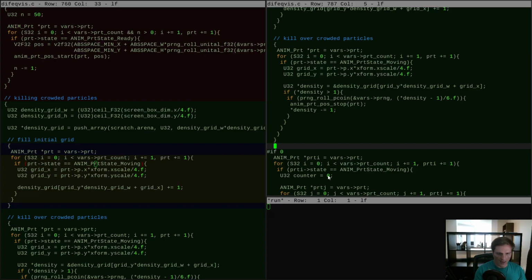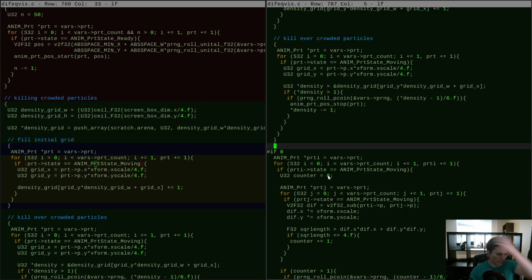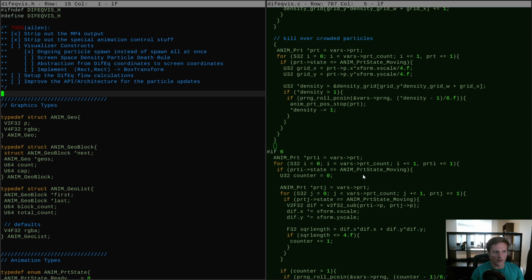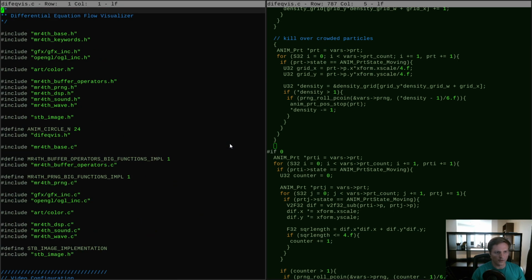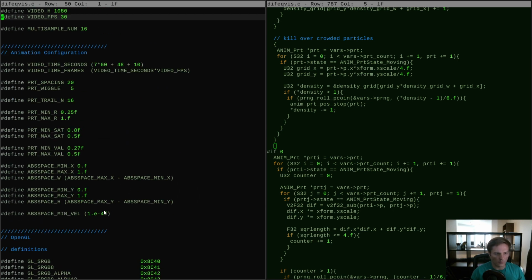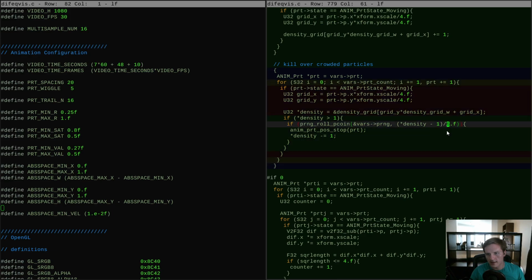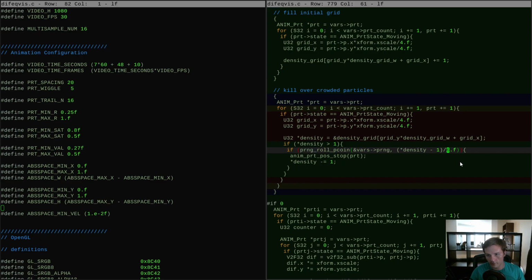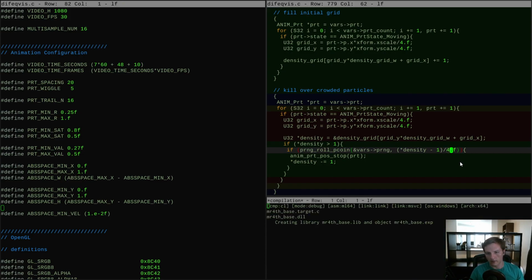I think we need to tune up the density that we're expecting to allow. And I think we also still want to kill things when they're moving too slow. I think our tolerance there might be too low. We might actually be happier with like that. And let's say that we're even more likely to kill off particles when they get overdense.